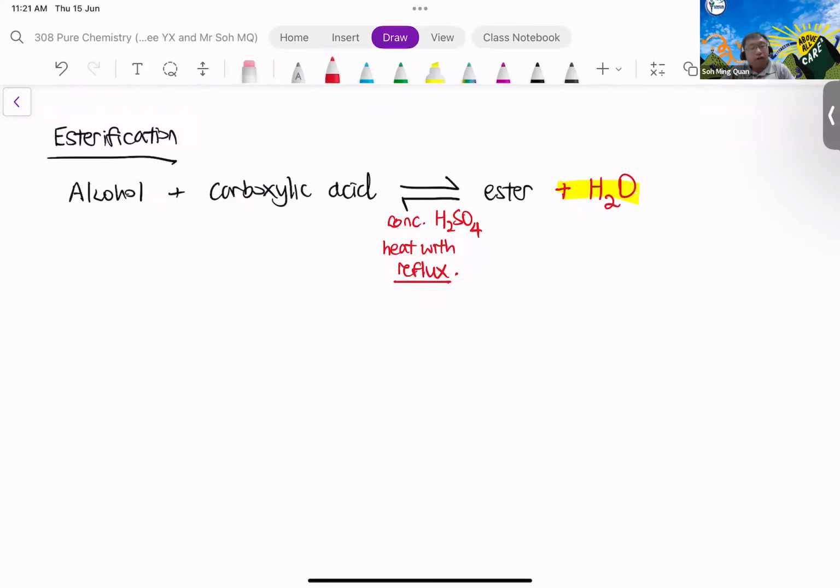Now, the difficulty that most students face is, obviously, what if they need to deduce the ester formed? For example, if you have propanol and methanoic acid, what is the ester going to be called?